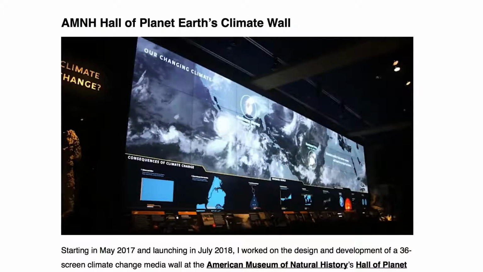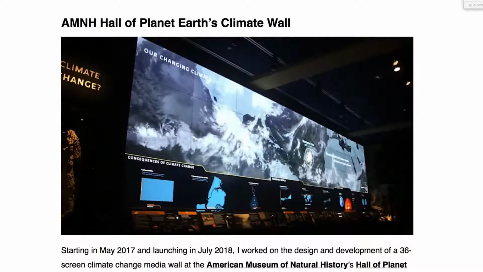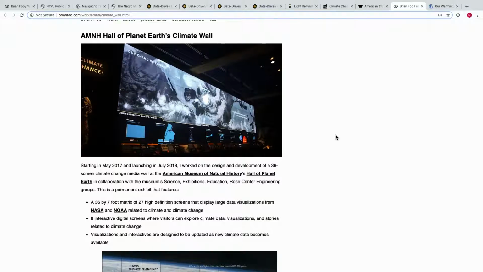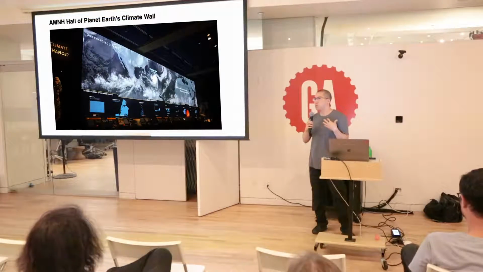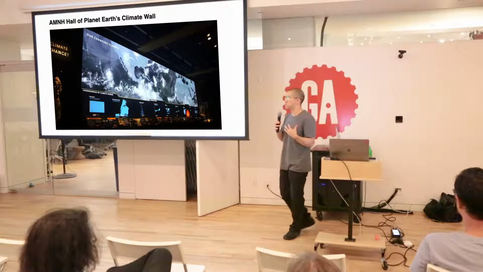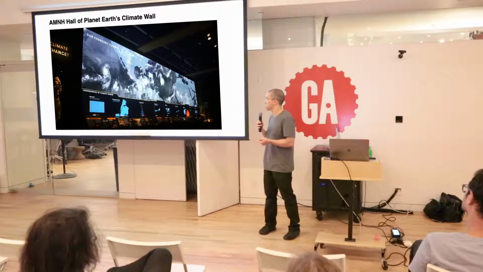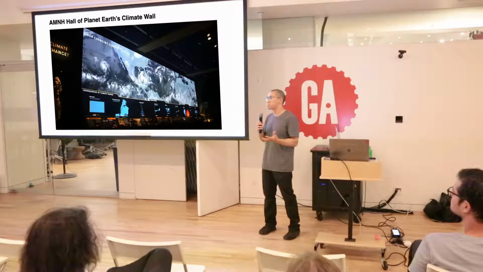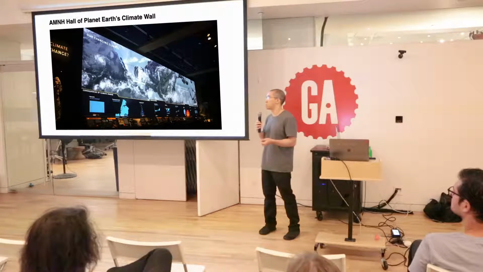Here I work in a group called the Science Visualization Group, and we use new media and new technology and different visualization techniques to communicate current science in the permanent halls of the museum.